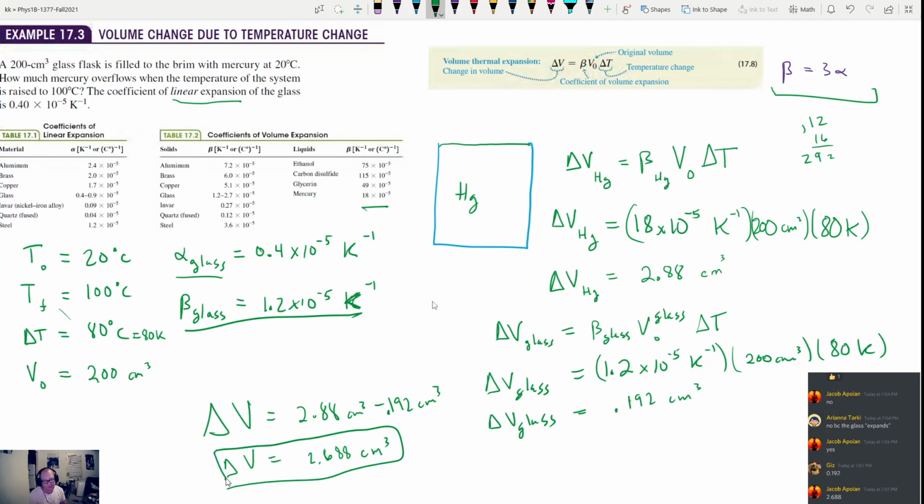Now, I think in reality, maybe I'm wrong, I bet nothing would actually spill out because of surface tension. Because mercury can develop a huge meniscus. But the mercury has really high surface tension, so it can really bulge up, right? So depending on the shape of the flask, if the flask is really skinny, I can see that maybe something would flow over.